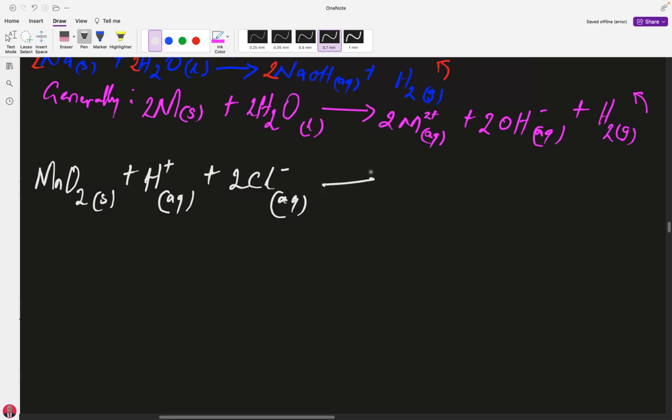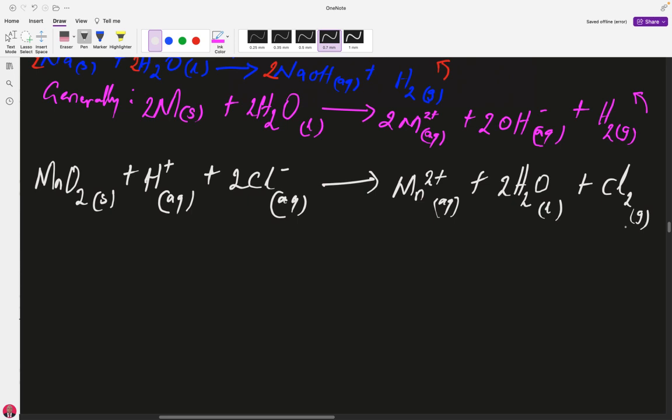And what happens is we get Mn2+ aqueous, plus water, and the gas which is now produced is chlorine gas.